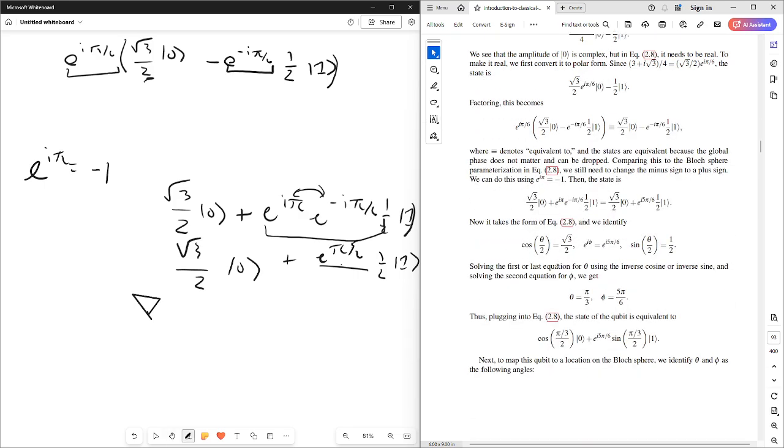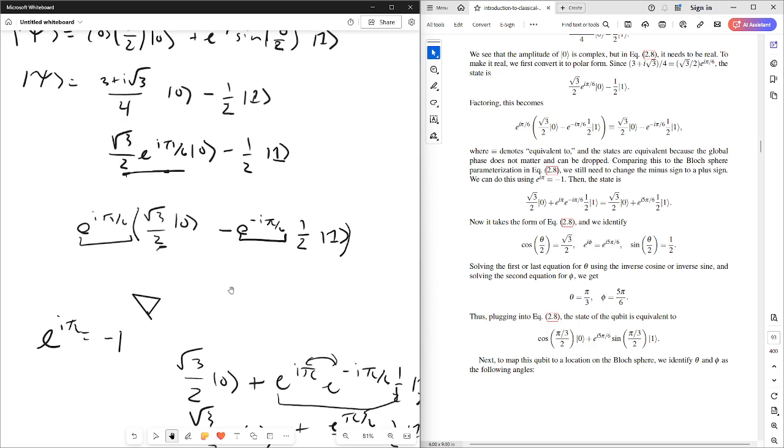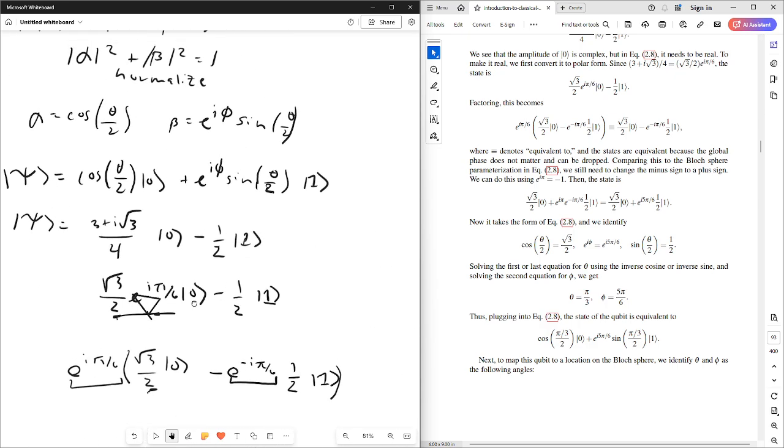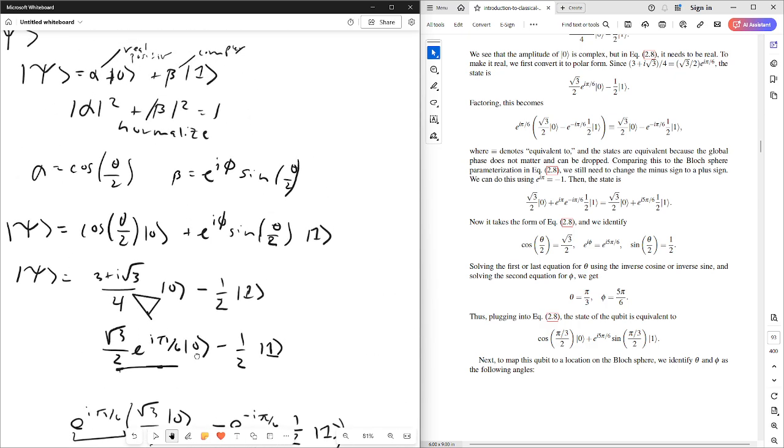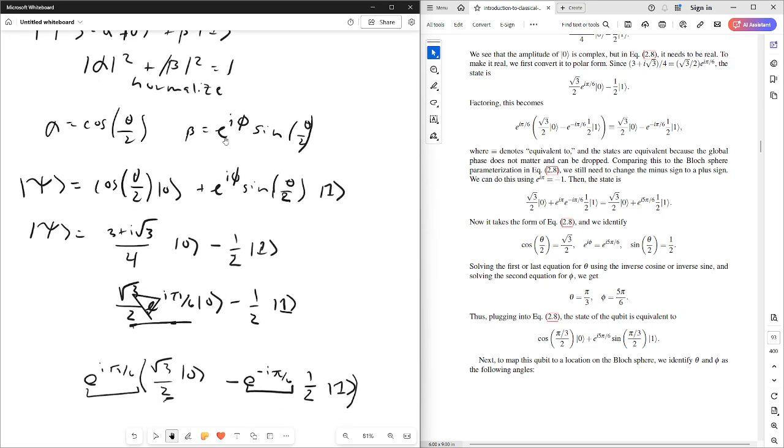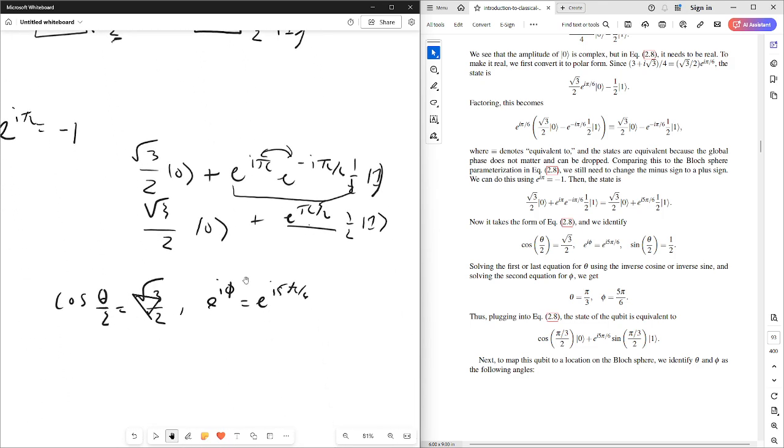So we know that cosine of theta over 2 is equal to square root of 3 over 2. And we know that e to the I rho is equal to e to the I 5 pi over 6, because beta is equal to that. Okay, I'm going to refresh.